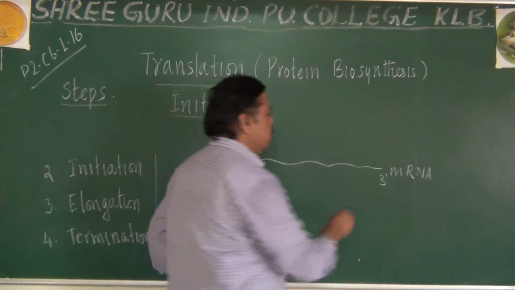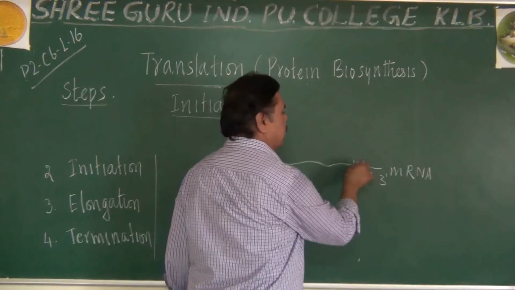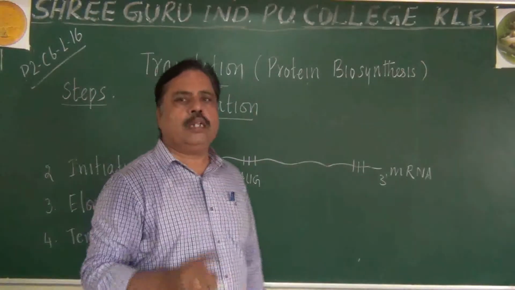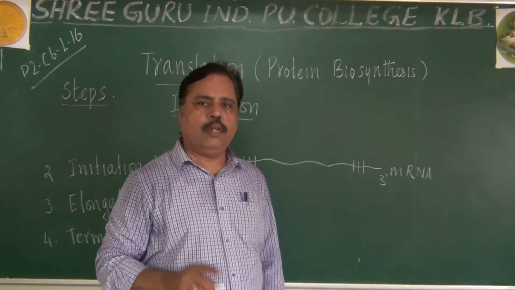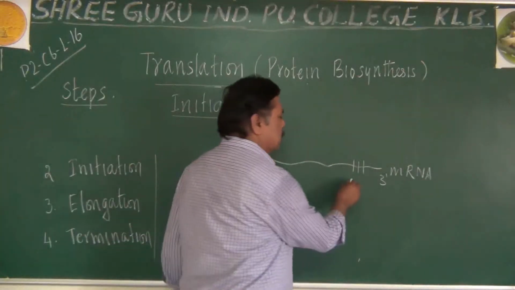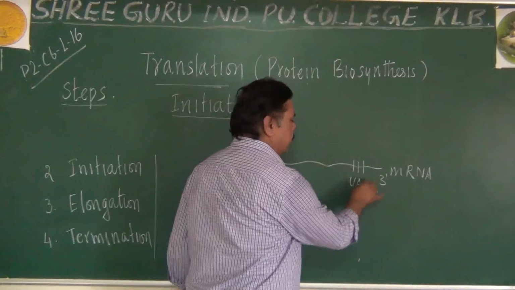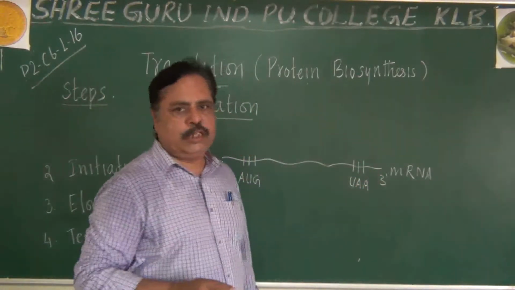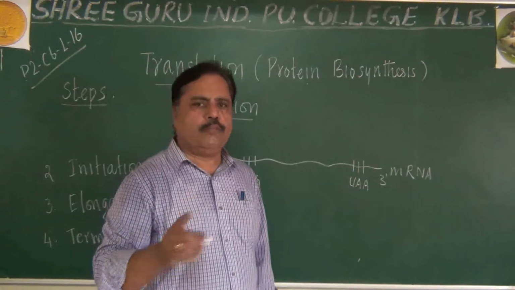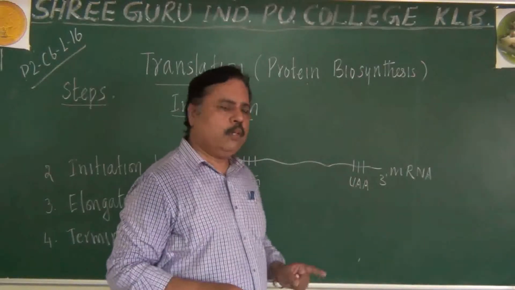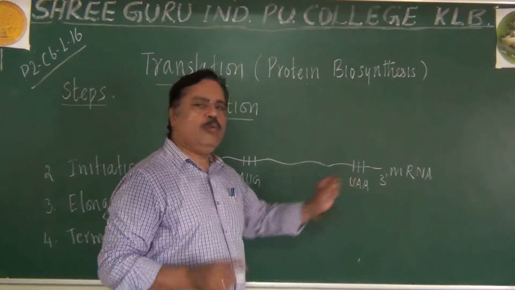Towards the 3' end, we have the stop codon, otherwise the terminator codon. What are the terminator codons? Either UAA or UAG or UGA. Any one of them will be present. In between, we have codons.